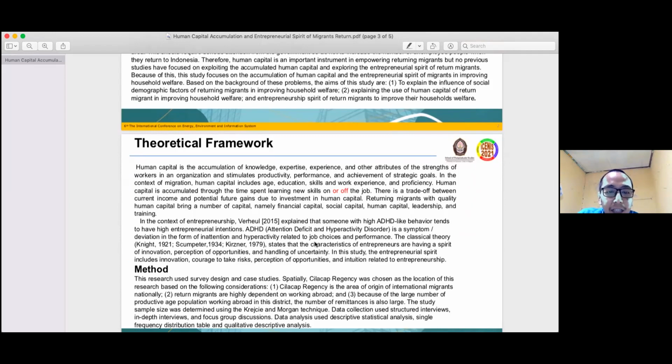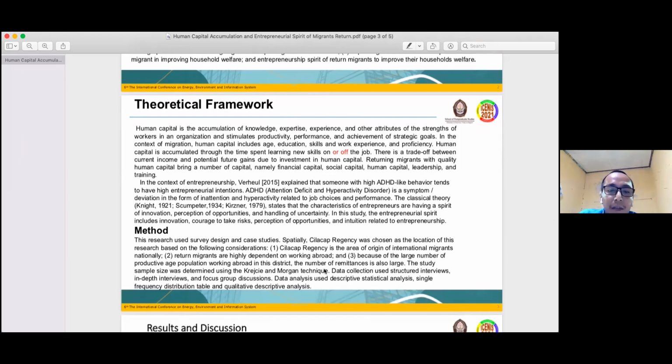In the context of entrepreneurship, a 2015 study explained that someone with such behavior tends to have high entrepreneurial intention. The classical theory connects business and states the characteristics of an entrepreneur.